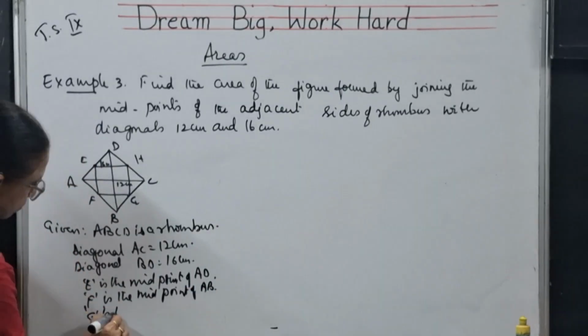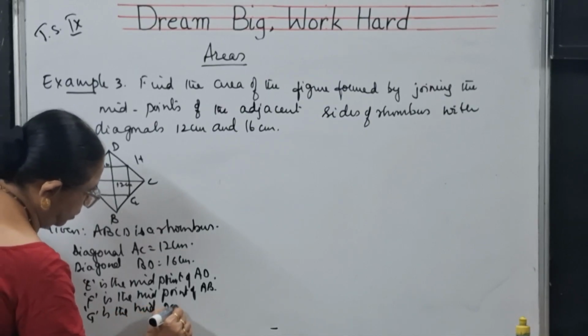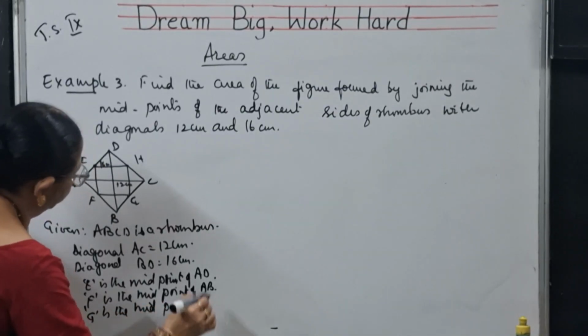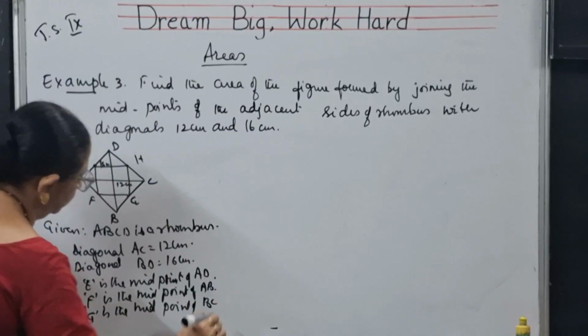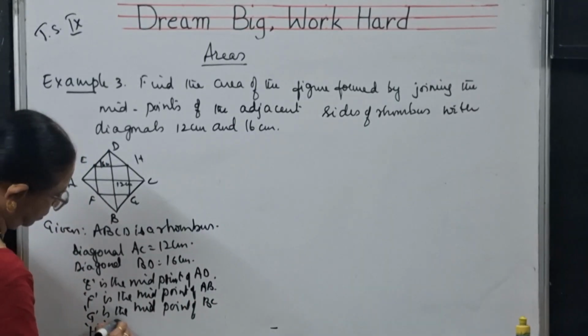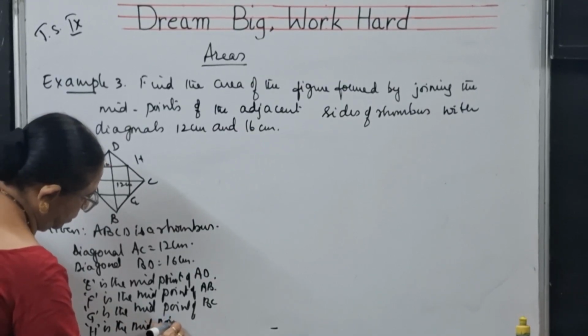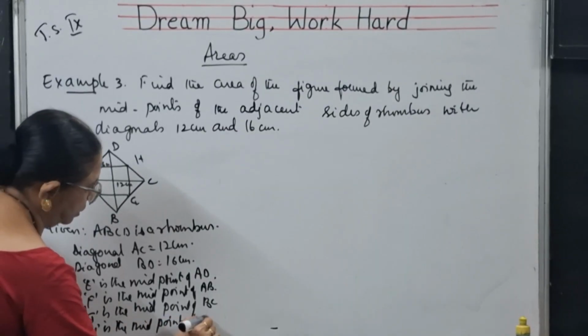G is the midpoint of BC and H is the midpoint of CD.